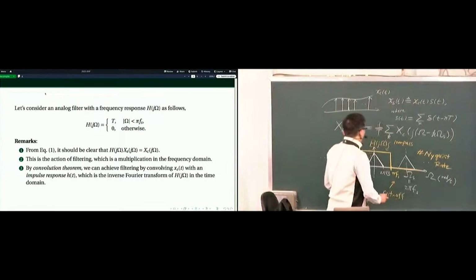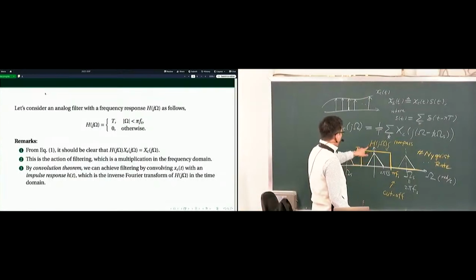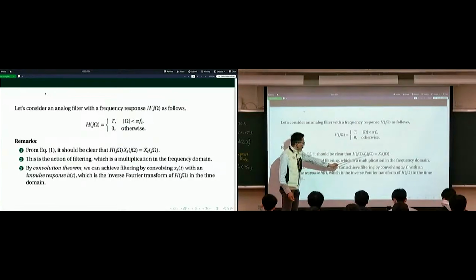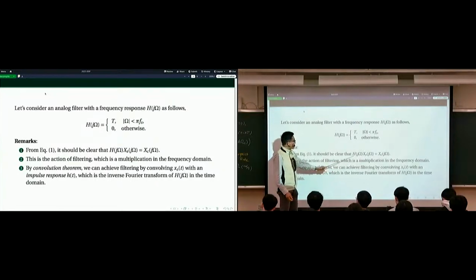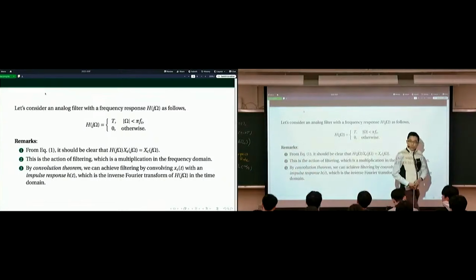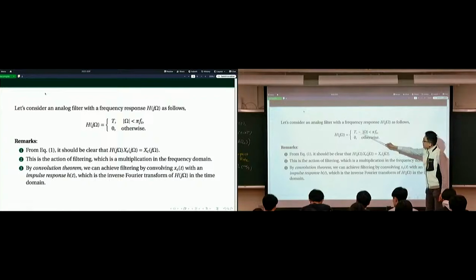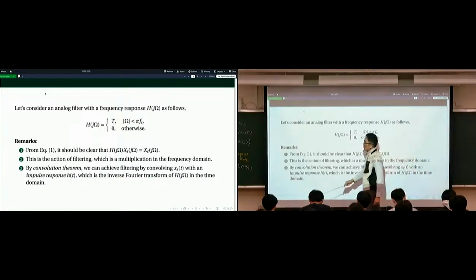The reason is because when we multiply our frequency response with the sample spectrum, the spectrum after sampling, just by looking at the equations, you should be able to figure out that what we get is exactly just the middle part, with the right scaling factor. Long story short, this T cancels with this 1/T.